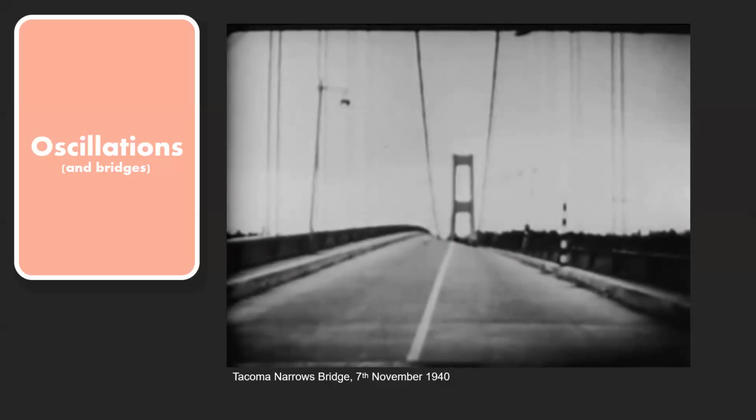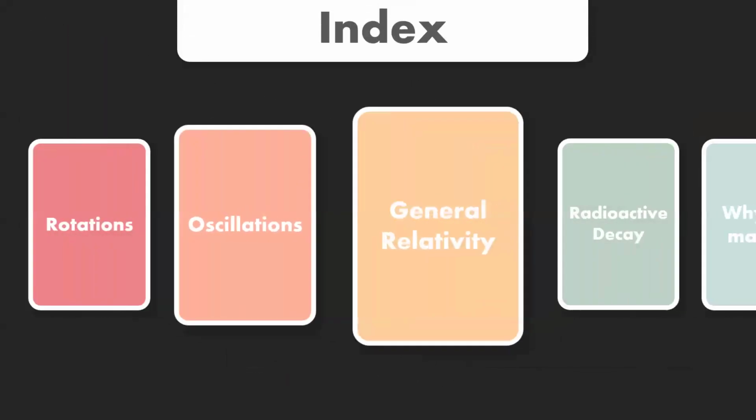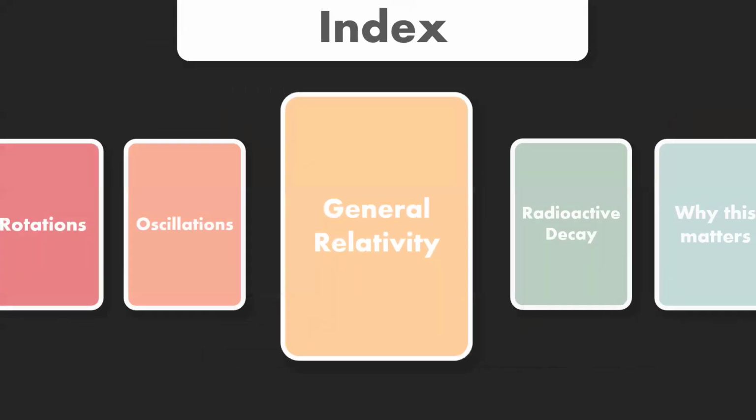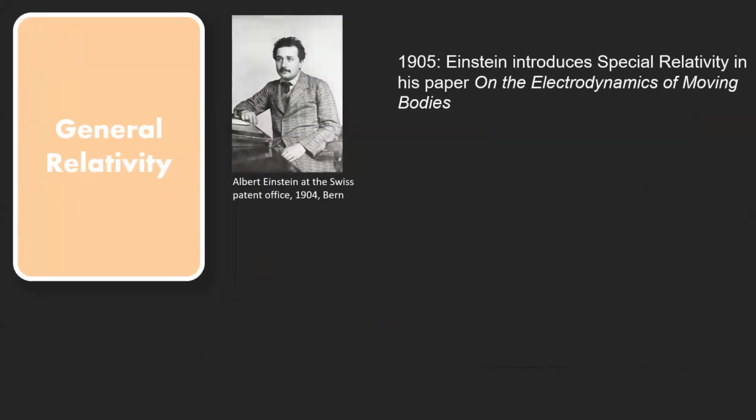So as Euler said, those oscillations would eventually go up to infinite, and the bridge started wobbling. So eventually it came crashing down, and the world actually started thinking about resonant frequencies or natural frequencies when they started building bridges. So now moving on to general relativity, which I think you might know better than bridges.